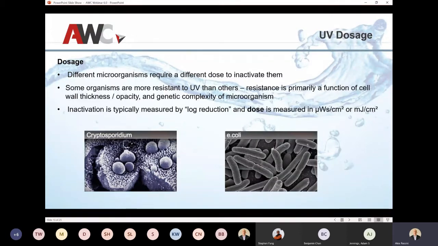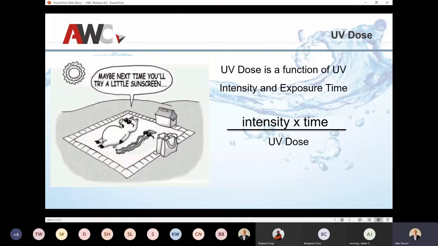We use log reduction, and you'll normally see it as a 4-log or a 3-log or a 6-log, which is used in California. What a log reduction basically means, an easy point to remember, is how many decimals there are. So a 4-log reduction basically means that you will remove E. coli at 99.99%. But it's all measured in dose, and what dose we're going to be hitting it with, which we're going to go through in the next bit with a nice little chart.